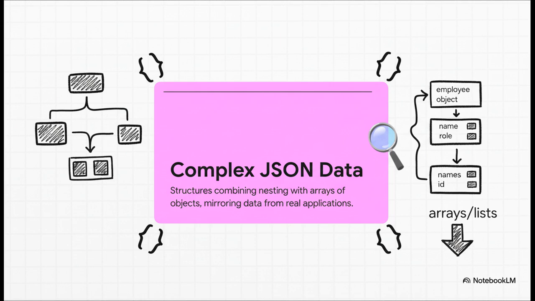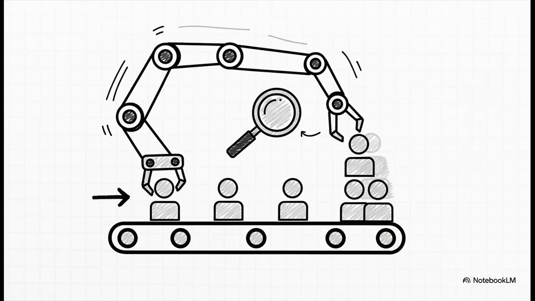This structure, like this list of employees you see here, is pretty much the standard for getting collections of data from an API. So because you have a list of items now, you can't just access them with one key. You need a way to go through the array and look at each object one by one. And a simple for loop in Python is the perfect tool for the job. It lets you iterate through each employee in the list and pull out whatever details you need.